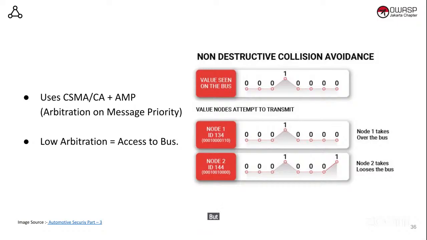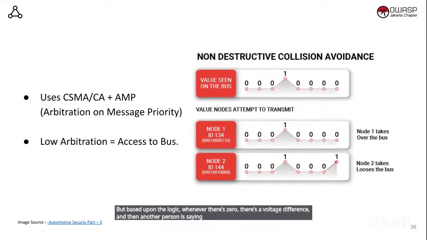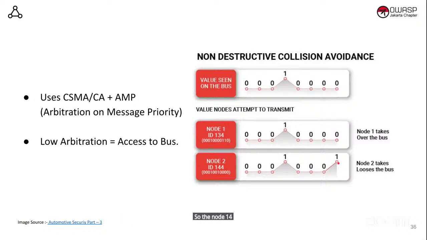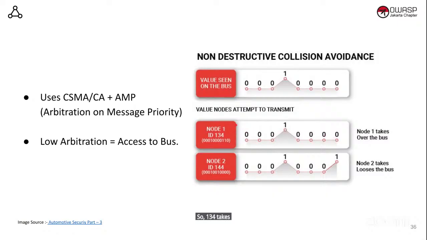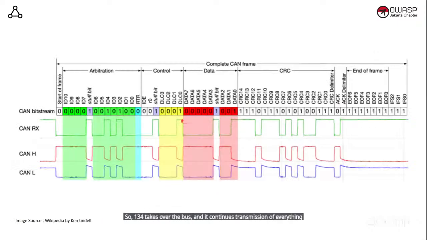Whenever there's a 0, there's a voltage difference, and the other node is saying there is no voltage difference, literally translating into English. So node 144 expects no voltage difference on the bus, but when it reads the bus, it senses a voltage difference because the other node is transmitting a dominant bit. So 134 takes over the bus and continues transmission of control, data and everything.